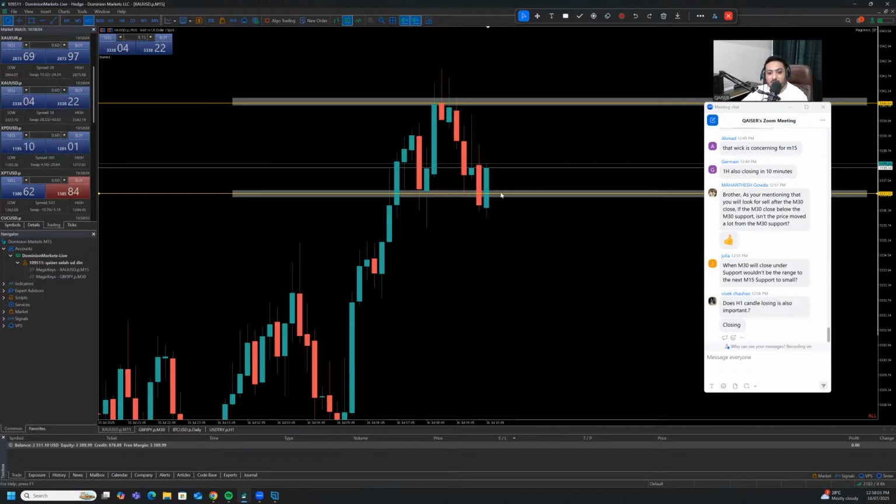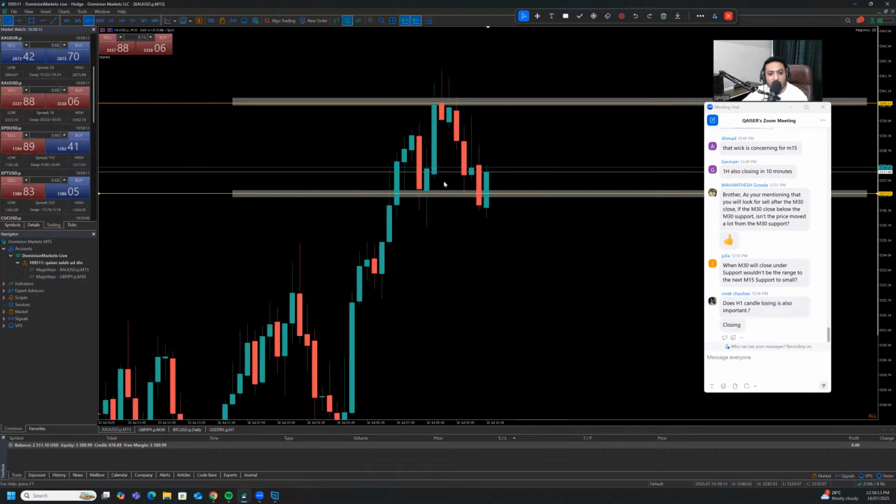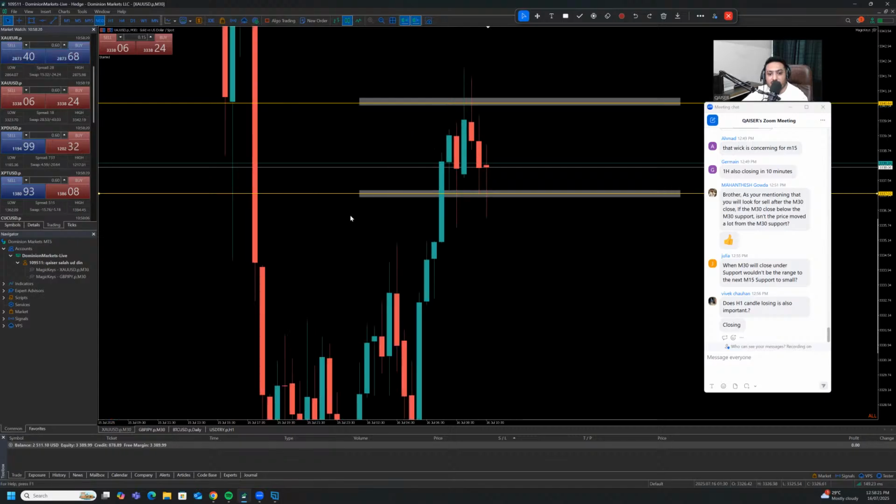Let's see if it just broke and closed below the support area, the 30-minute just closed below the support. If that H1 just closed below the support, then M15 might look like an impulse entry. So just 2 minutes left for the candle to close. Just 2 minutes left, and I'm just waiting. There is no trade, I think.